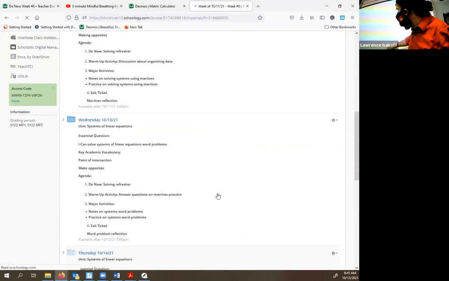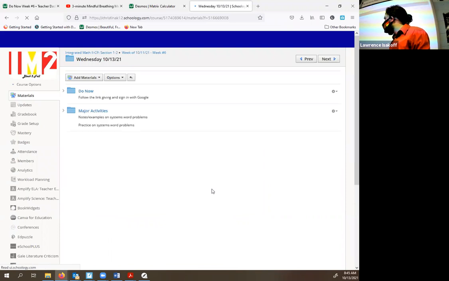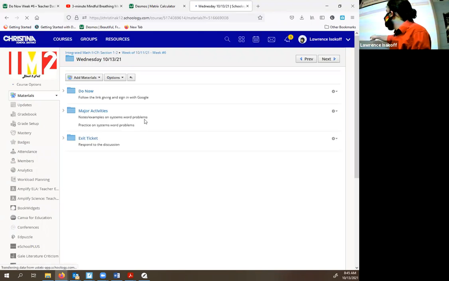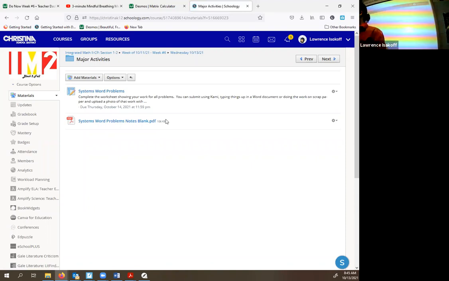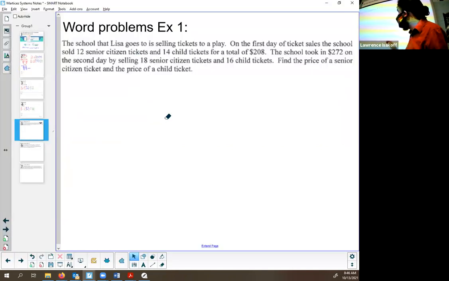And today is Wednesday, so let's go into Wednesday's folder. Under major activities, you will see the blank notes here. So if you want to download the blank notes so it's a little easier to read on your screen than all the way up here at the board, please make sure you do that. The completed notes will come up later today after I finish recording this lesson.